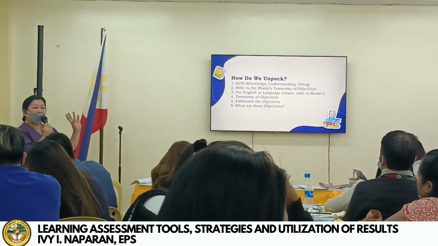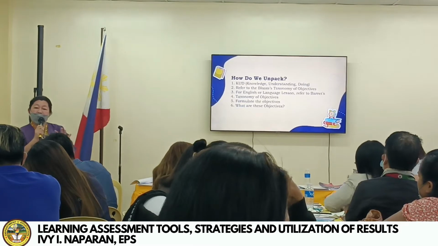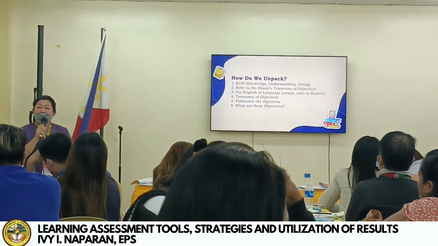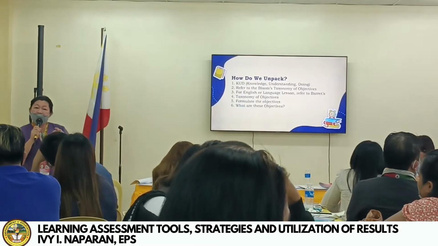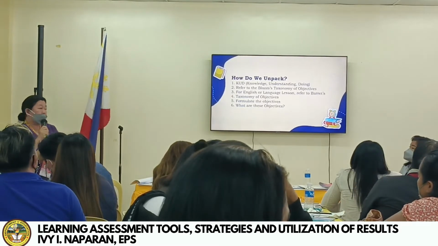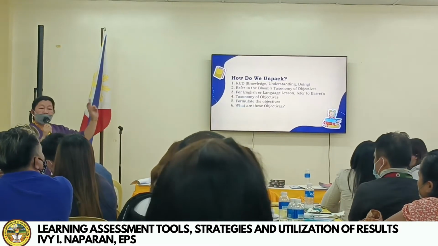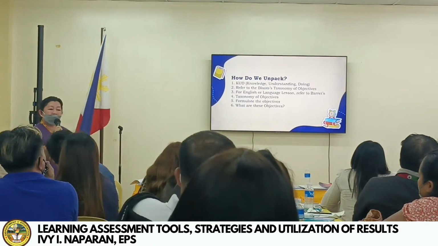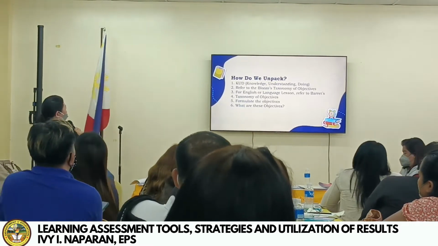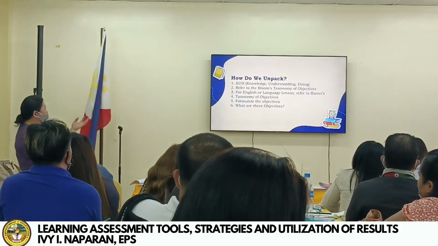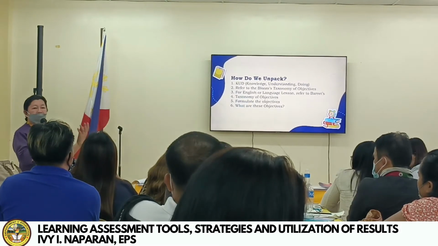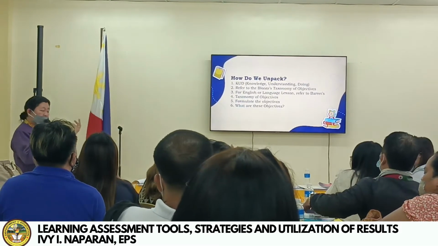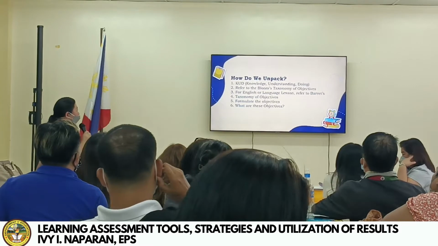Then, because competencies are broad, we have now to identify the competency. Go back to Bloom's taxonomy. For an English or language lesson, there is a different taxonomy, Barrett's taxonomy. Then formulate the objectives.